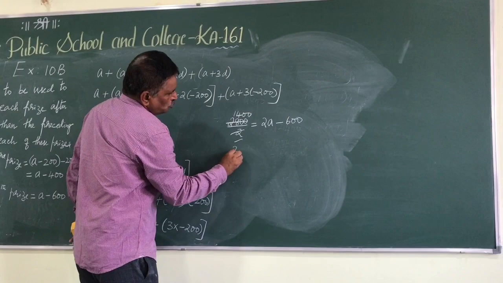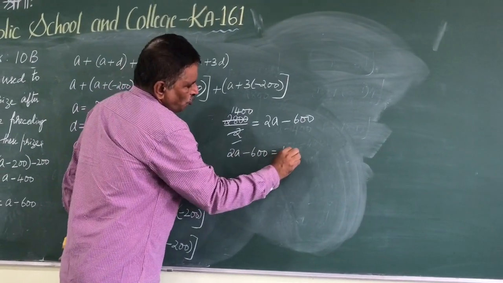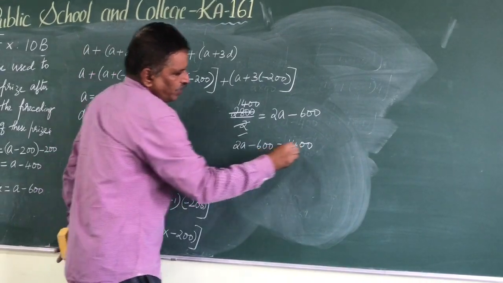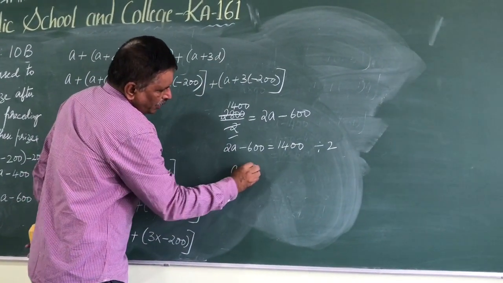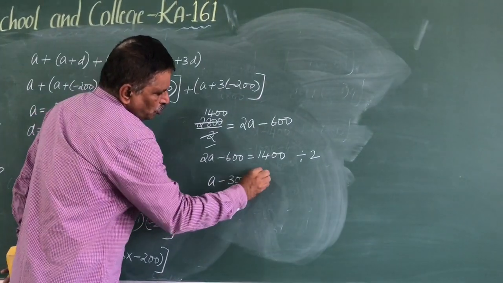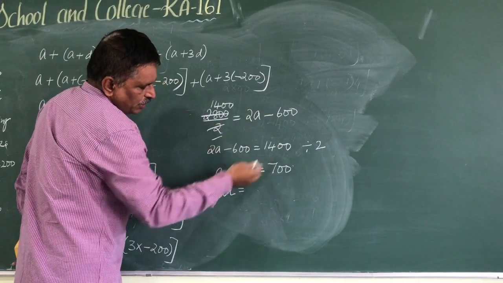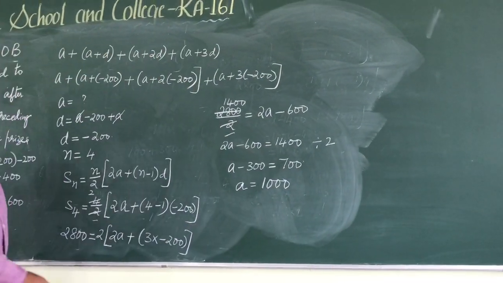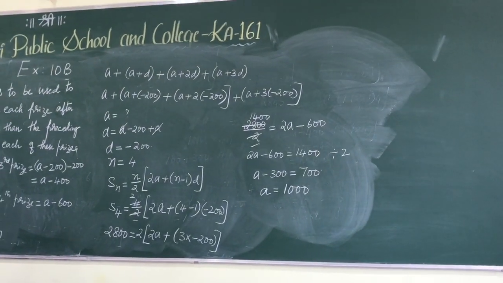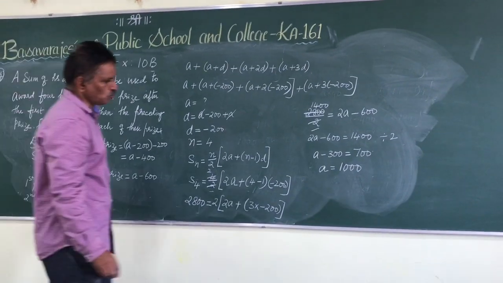That means 2A minus 600 is equal to 1400. No doubt this can be divided by 2. So I will get A minus 300 is equal to 700. So A is equal to how much? If I send 300 that side, I will get 1000. A is the first price, that is 1000.